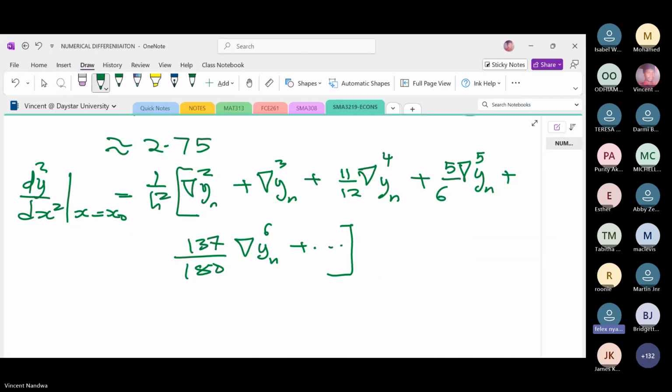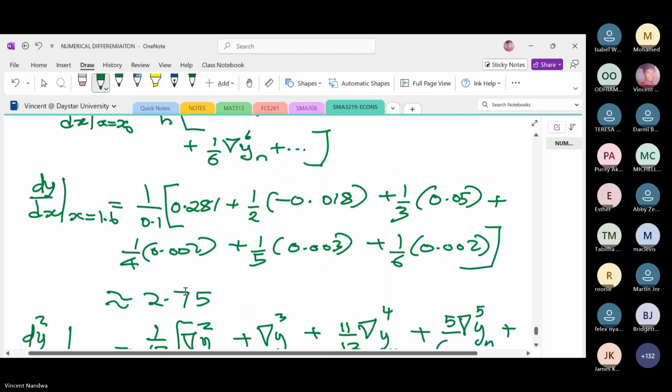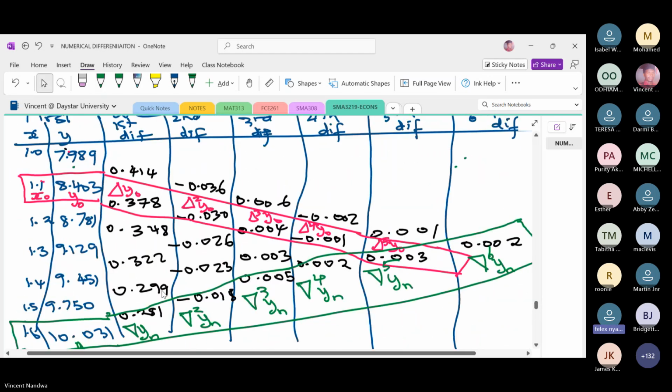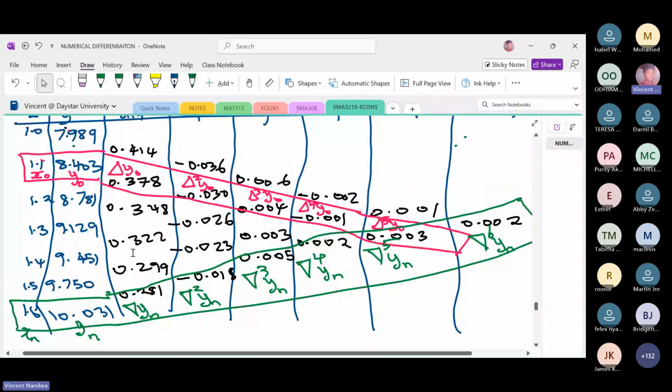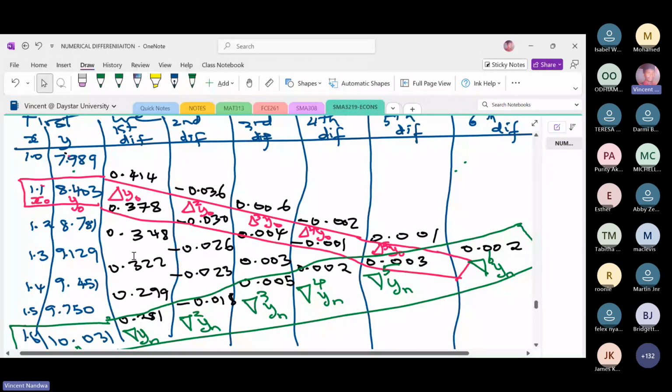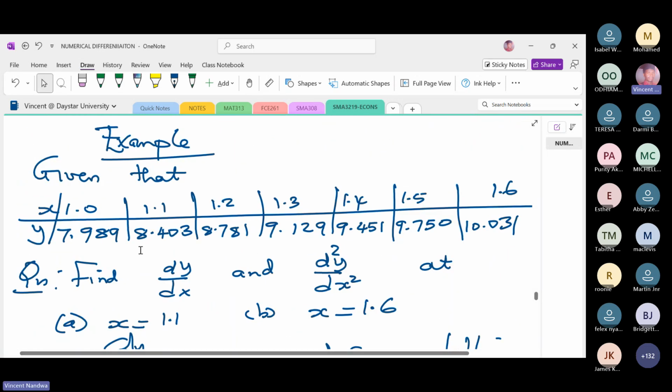Excuse me, sir. The h, is it not supposed to be 0.6? For this table, remember h means mesh spacing, or the interval of differencing, which is the distance between consecutive x values. So you see in our table, we have x as 1, 1.1, 1.2, 1.3, 1.4, 1.5, 1.6.